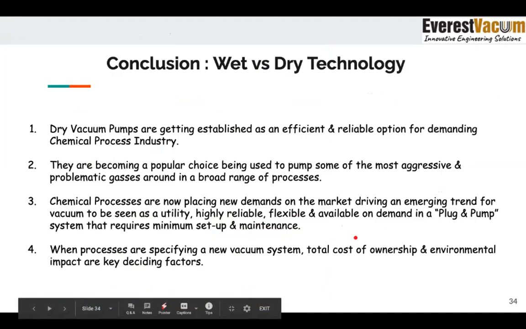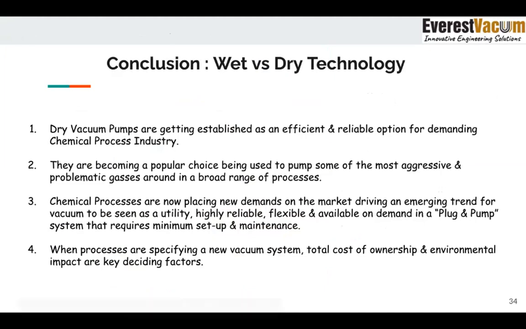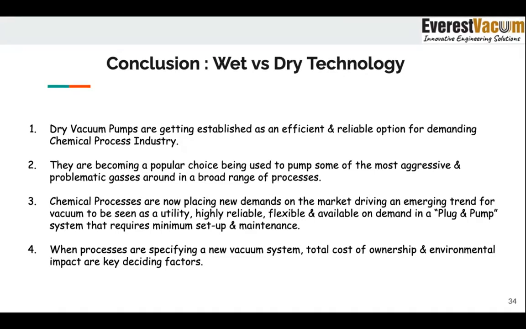Now, conclusion. So, wet versus dry technology. Dry vacuum pumps are getting established as an efficient and reliable option for demanding chemical and process industries. As dry technology is continuously evolving, there is continuous advancement happening. Dry technology is becoming a preferred choice simply because of lower total cost of ownership.